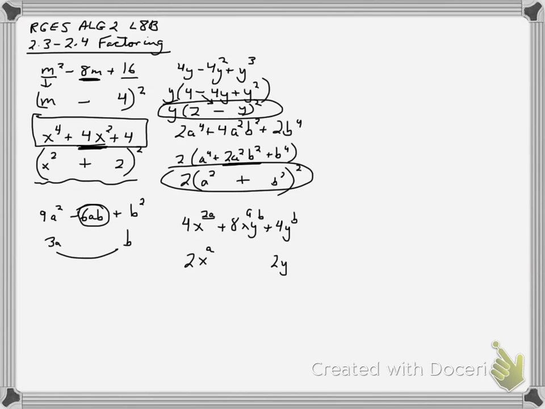Yes, I thought I copied that wrong. That's got to be 2b up there. And so this would be 2y to the b, again, because if I square that, I'd get 4, and then y to the b squared, the exponent now becomes 2b. Now if I multiply that together, I will get 4x to the a y to the b, and that's exactly what I have here. So this does in fact fit the perfect square trinomial pattern.